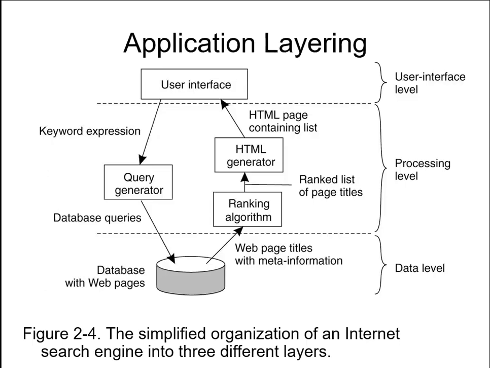In more detail, if we look at this picture, the user interface level is designed and installed, and then we have the processing layer. It has an HTML page containing a list, an HTML generator, a ranking algorithm, a ranked list of page titles, and a query generator, which includes the different queries, mostly for insertion and selection.